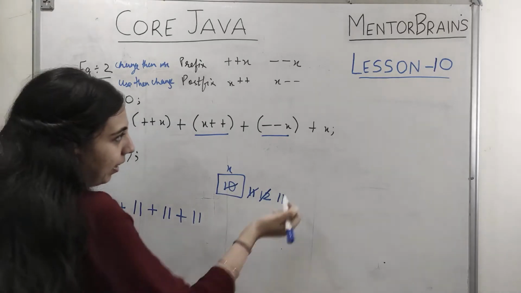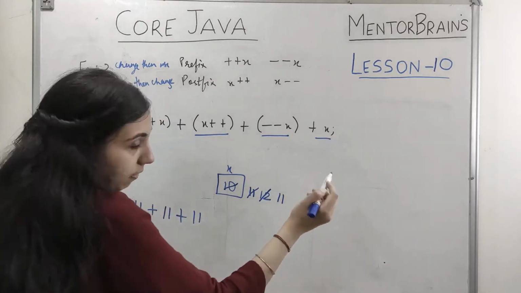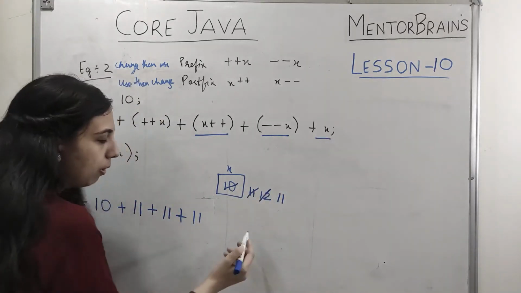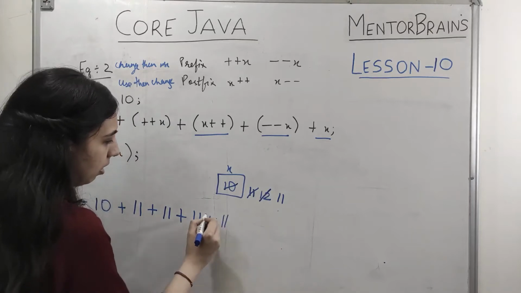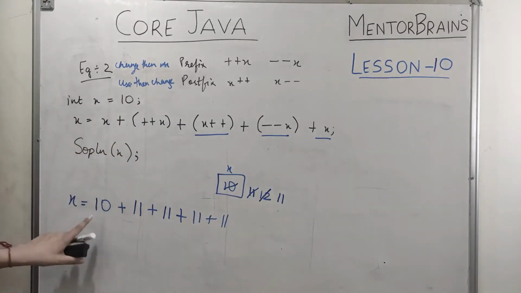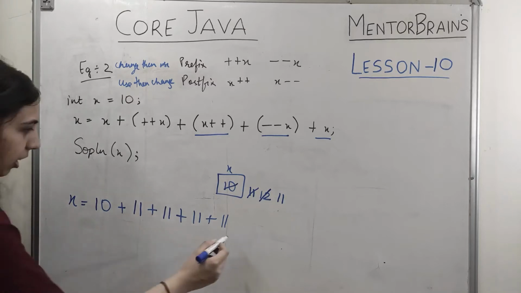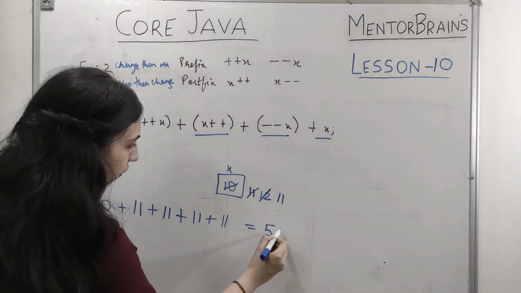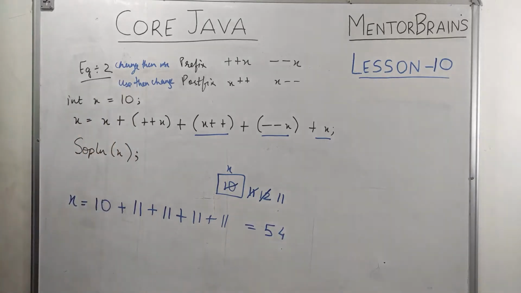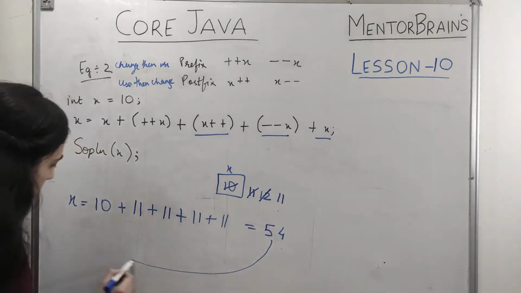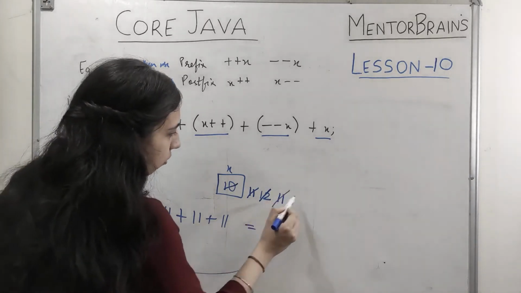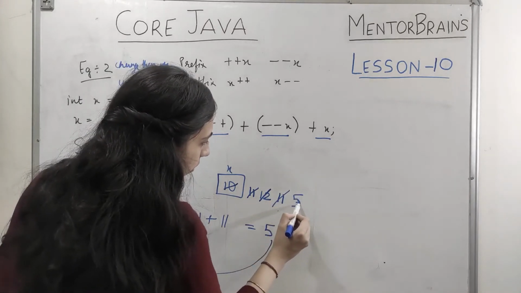Okay, and then whatever plus x is written, that is whatever the value of x is there in the memory, it will be used as it is, plus 11. Okay, so 10 plus 11 plus 11 plus 11 plus 11. If we calculate it, it will give 54. So our new value of x in the memory will be 54.